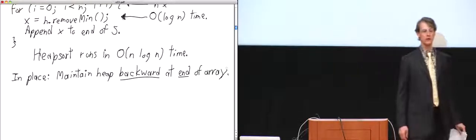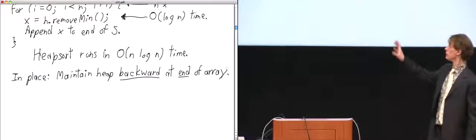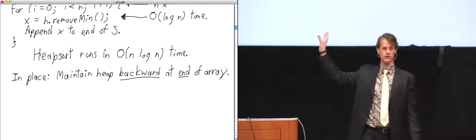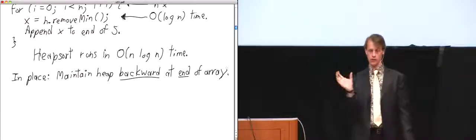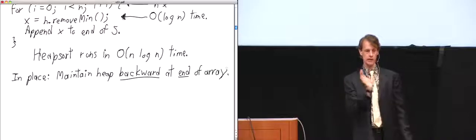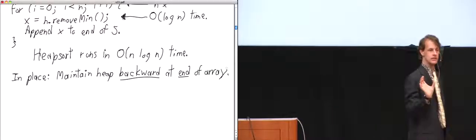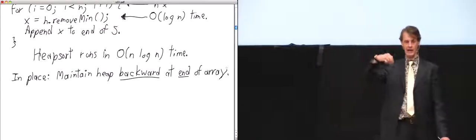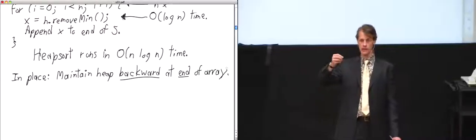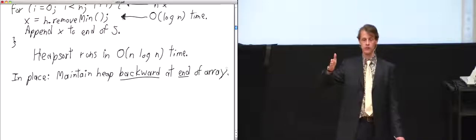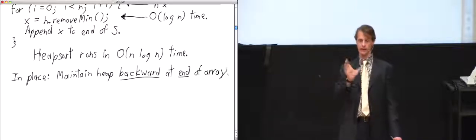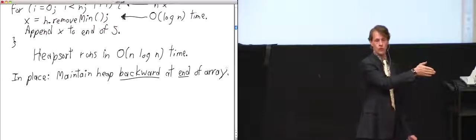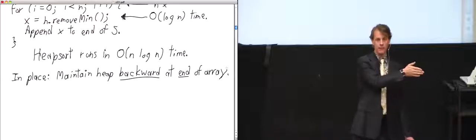And the reason we're going to do that is because remember that we're trying to keep two different lists in one array. The sorted list S on the left, the unsorted list I on the right, which is going to be a heap now. So I want to make sure that as I take items out of the heap and the sorted list grows from the left, the heap is shrinking towards the right at the same time.